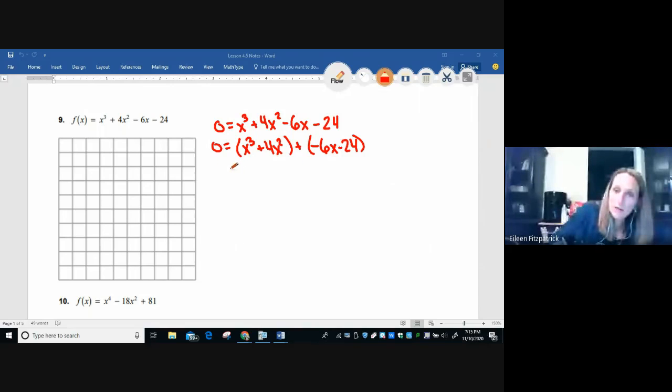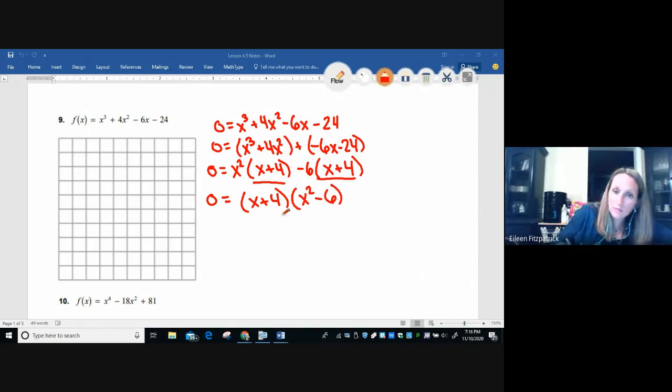GCF of the first 2 terms is an x squared, so factor that out. I'm left with x plus 4. GCF of the next 2 terms is going to be a negative 6. So when I factor that out, I'm left with an x plus 4. My common binomial factor now is x plus 4. When I factor out the x plus 4, I'm left with x squared minus 6.